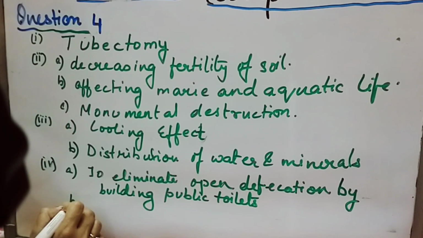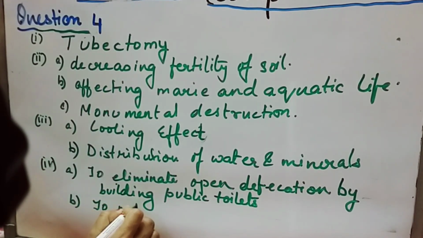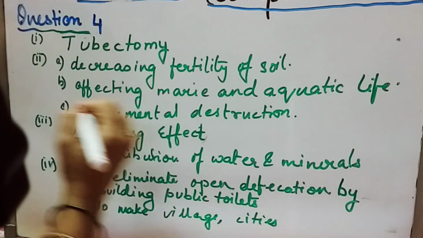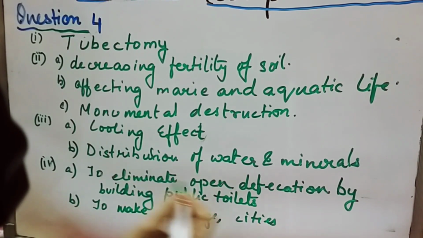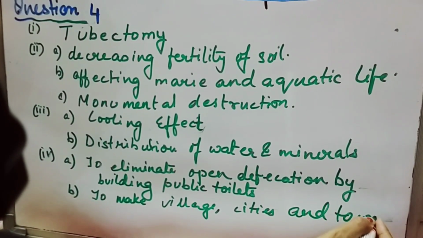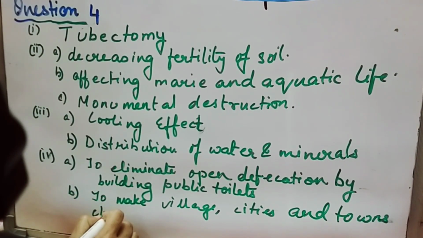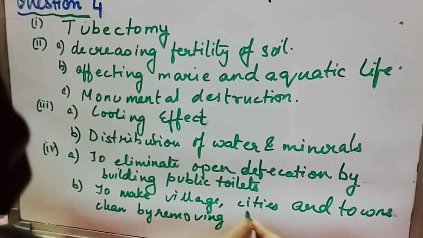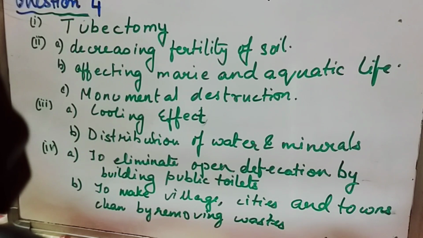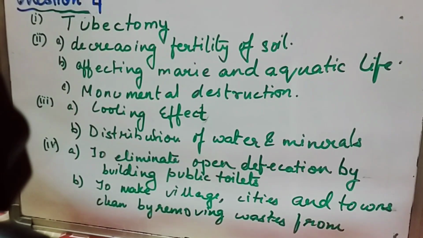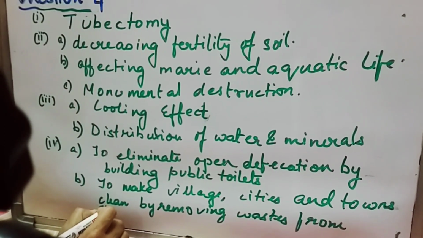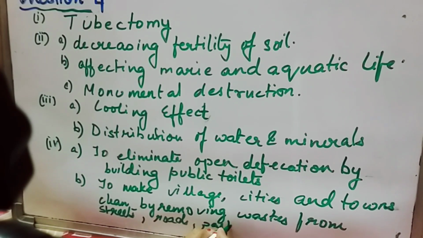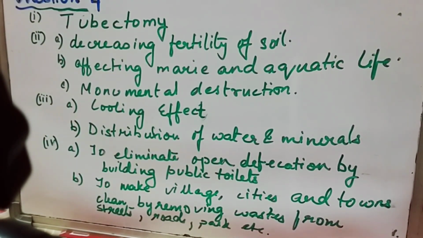Second one, to make villages, cities and towns clean by removing waste from streets, roads, parks, etc. So this was the objective of Swachh Bharat Abhiyan.